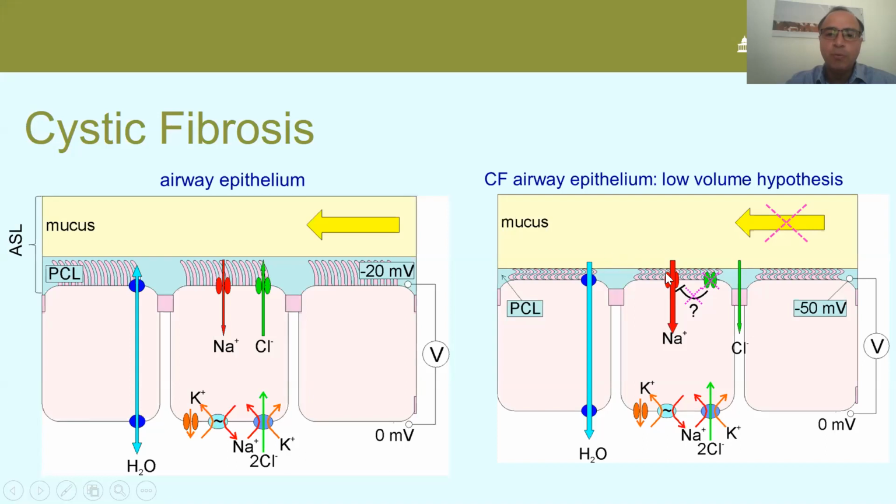Why do they suffer from cystic fibrosis? One of the hypotheses is that their chloride channel does not function very well. This results in water being absorbed from the water layer into the cell. Once the water is absorbed into the cell, this reduces the thickness of the water layer.